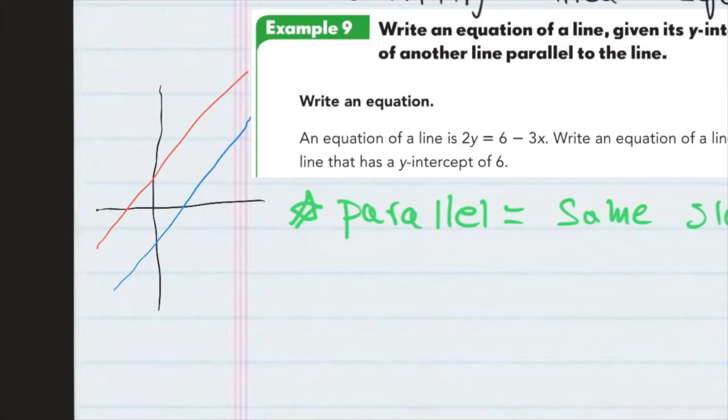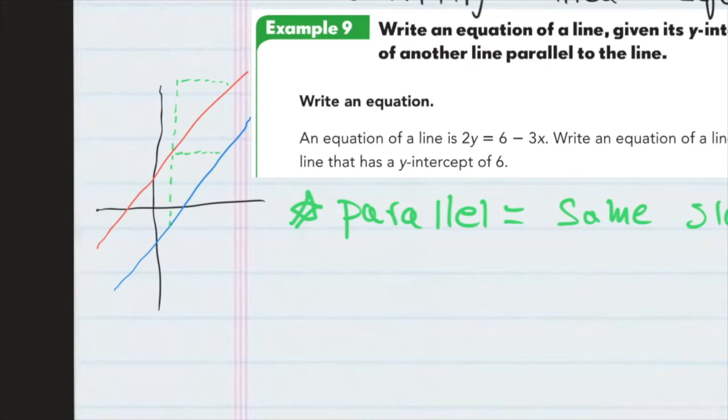If I count the rise, 1, 2, 3, 4, 5, 6, let's say, 1, 2, 3, 4, 5, 6, right? Pretend that's 6 over 6. As this goes up 6, this is also going to be going up 6. As this goes to the right 6, this goes to the right 6. So they're both moving and they're never going to touch.